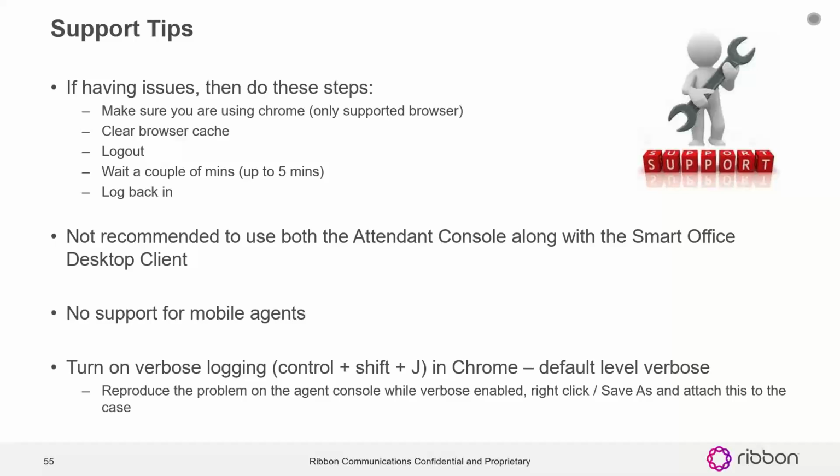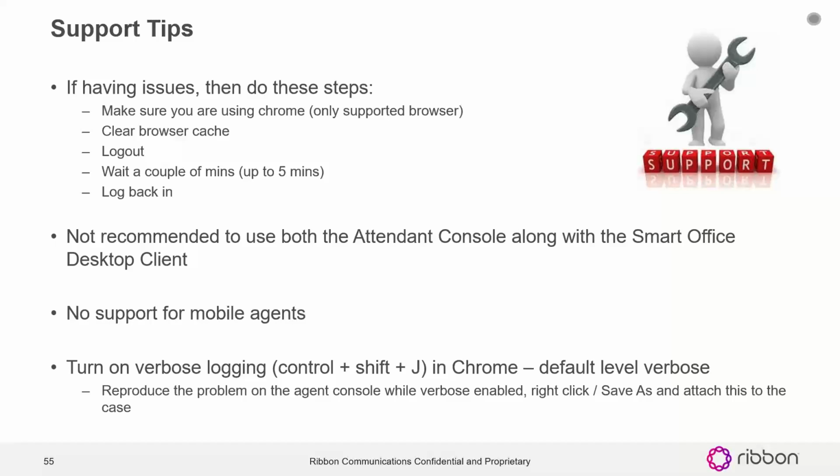And one thing that we get every so often: if you think that there is an issue with the attendant console or something like that, the console logs will be a good support ticket item to include. You can get these by pressing Control-Shift-J to launch the developer tools within the Chrome browser. Then make sure you enable verbose logging.